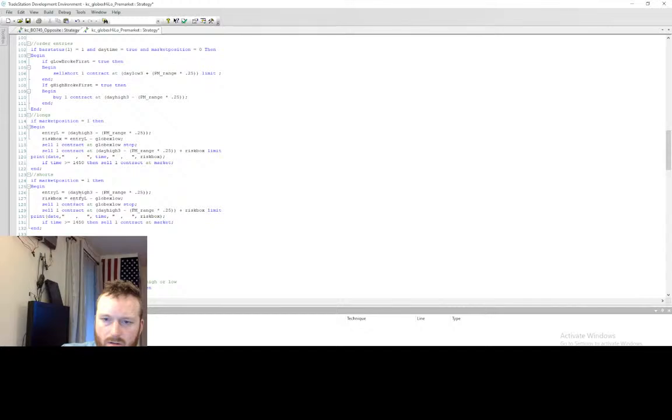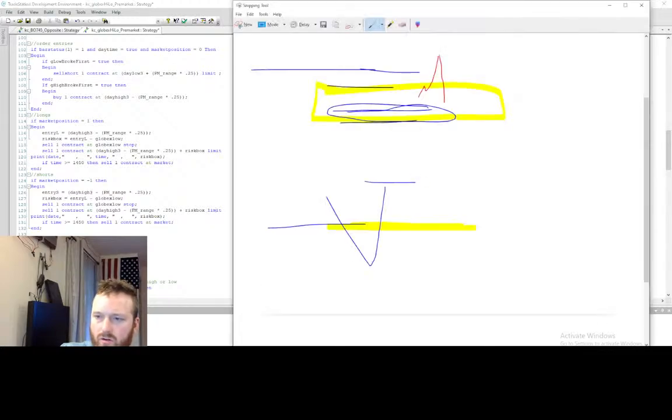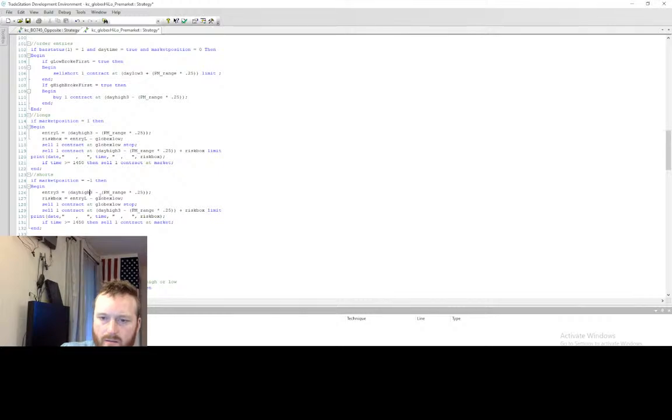So if market position is equal to -1, then entry S is actually day low plus 25%.